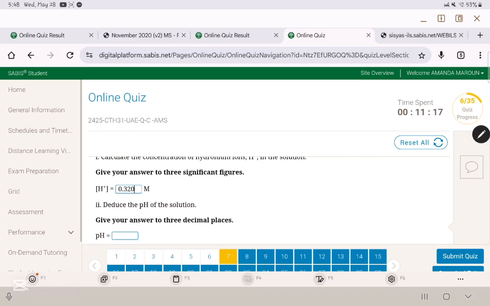We move on to part 2. What does it say in part 2? It says give your answer to 3 decimal places, the pH of the solution. How do we find the pH of a solution given its concentration? Very simply, you should know that the pH is equal to minus log the concentration. Okay, so how do you put it on your calculator? You do minus and then you click on the log. You put the concentration.